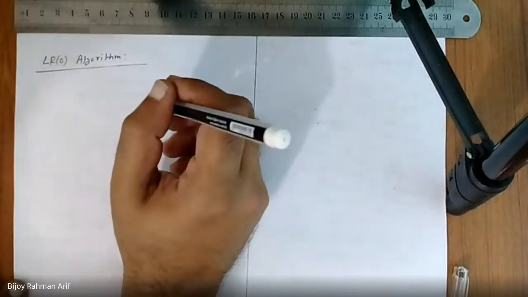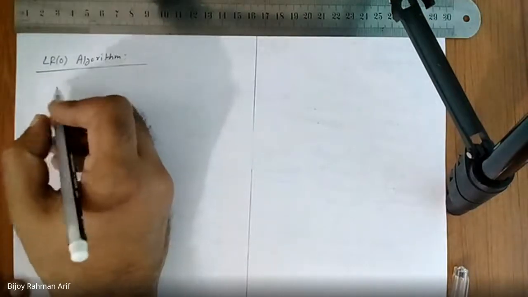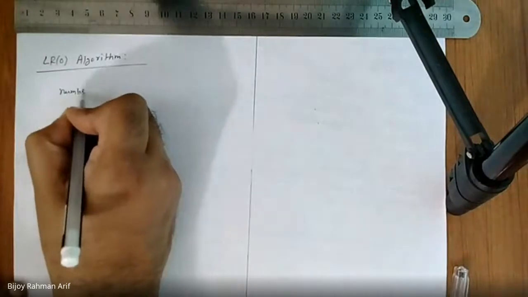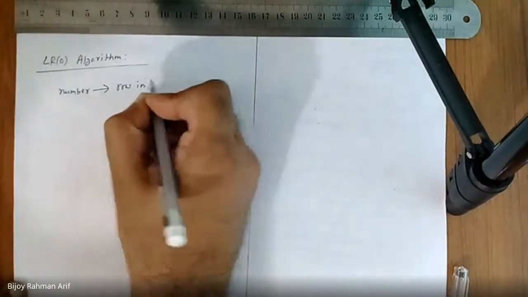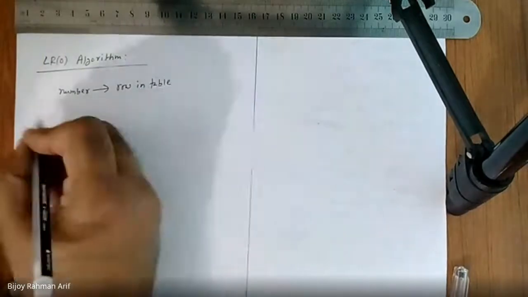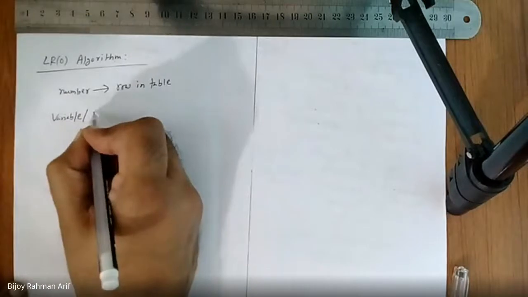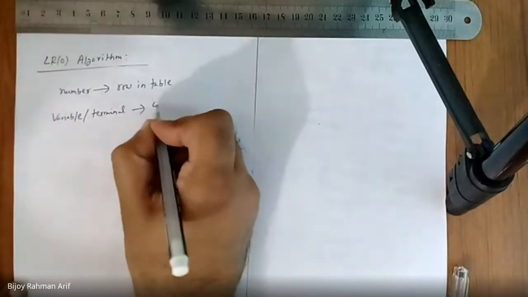LR0 algorithm. So what is the algorithm? Number is nothing but the row in the table, variable or terminal is nothing but the column in the table.